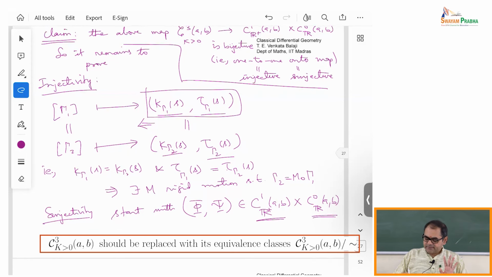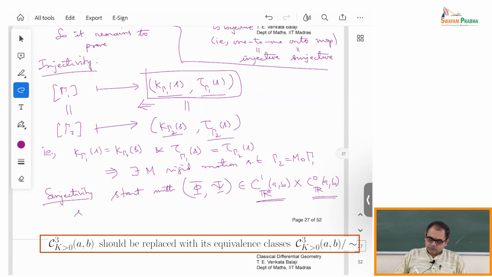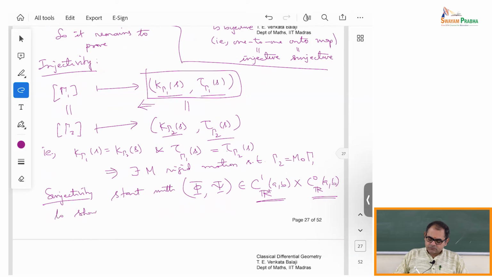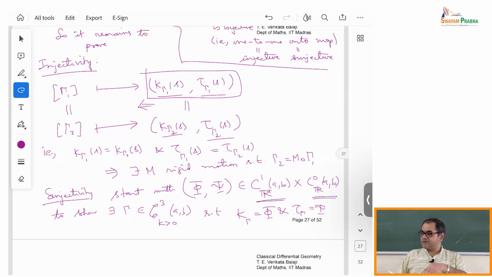Then show there exists gamma on the left side, in script C3 AB with k greater than 0, such that the curvature of gamma is given by capital phi and the torsion of gamma is given by capital psi. This is surjectivity. So you have to prove the injectivity and the surjectivity.